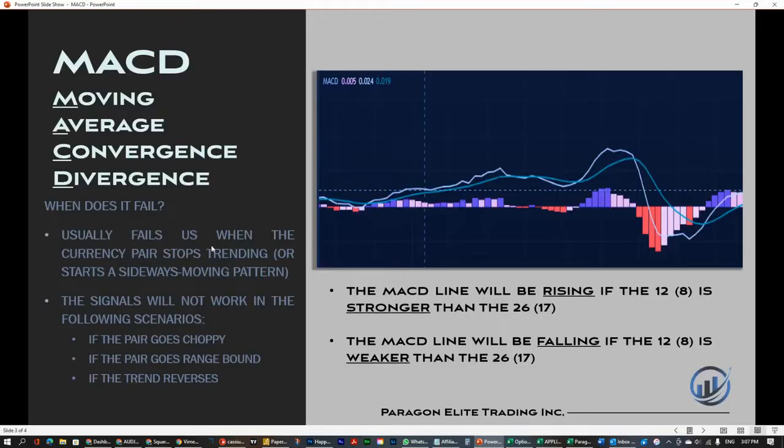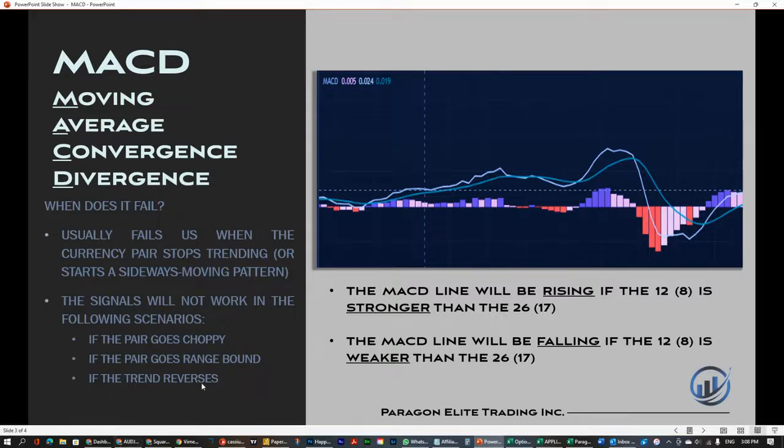That's when it especially does not work. If the pair goes choppy, like I said, not going to work. If it's range bound, same thing. That's like saying when the 20 and the 50 are just hanging out together. It's range bound, there's nothing going on, and we're not going to see anything. So that's when it won't work.